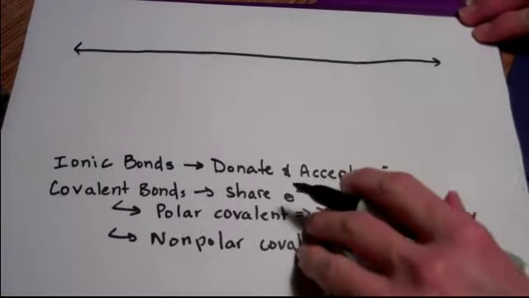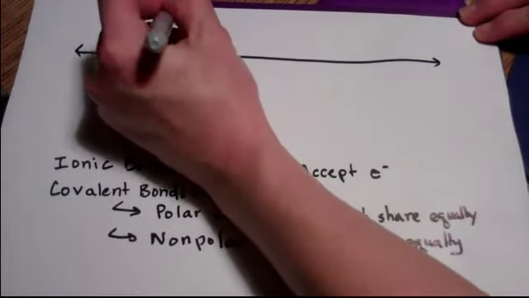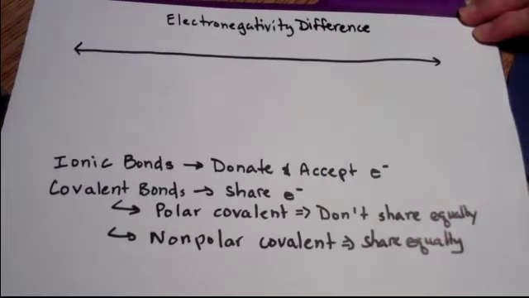So if we think about them on a continuum, we're going to use electronegativity difference to determine this continuity and when things are going to form an ionic bond versus a covalent bond.